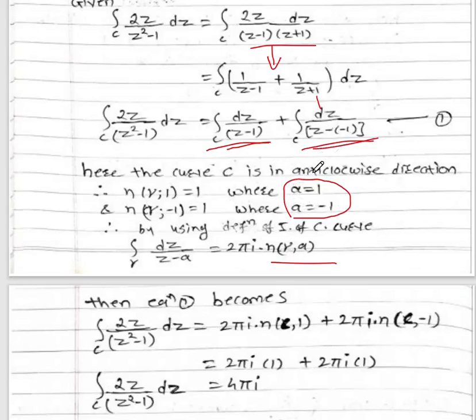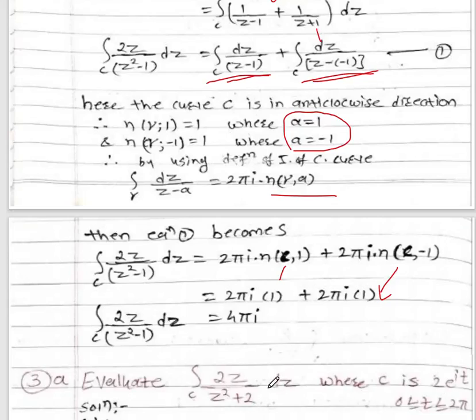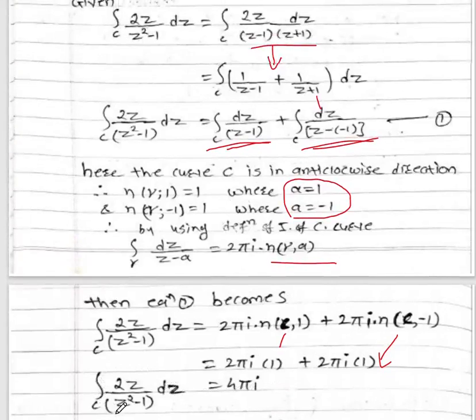So the index of the closed curve for this is 1 and that is also 1. Taking addition, you will get 4 pi i. Therefore the value of the integral over C of 2z upon z square minus 1 dz equal to 4 pi i. So this is the complete solution of the given integral.